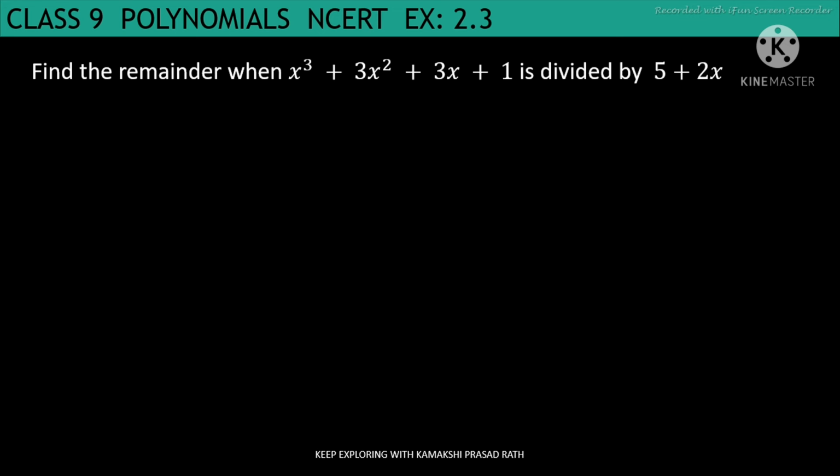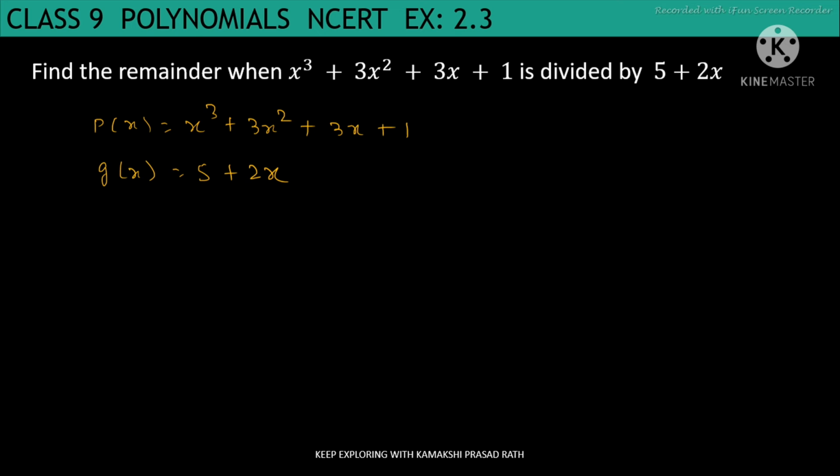Let us find the remainder when x cubed plus 3x squared plus 3x plus 1 is divided by 5 plus 2x. First, what is p of x? p of x is x cubed plus 3x squared plus 3x plus 1, which is being divided by 5 plus 2x. So here g of x is 5 plus 2x.